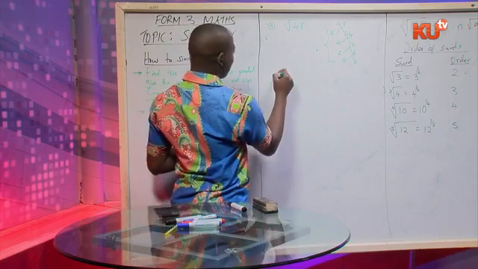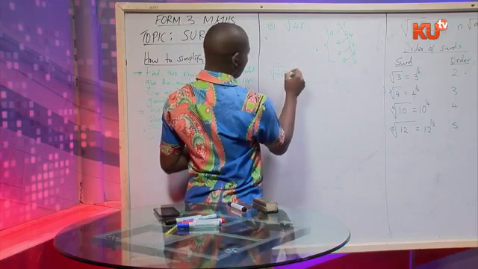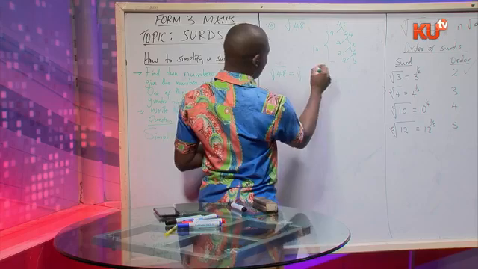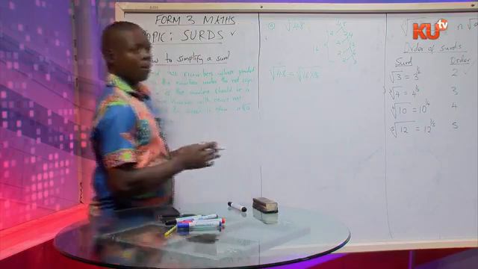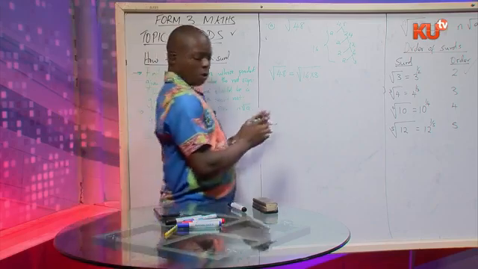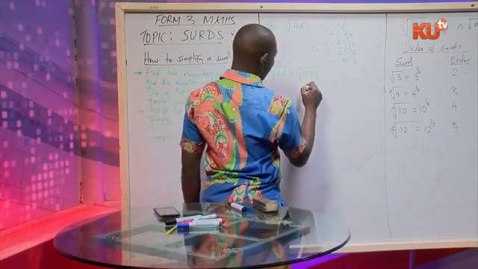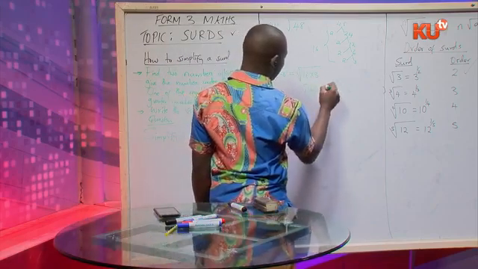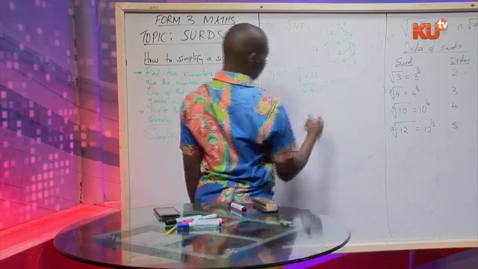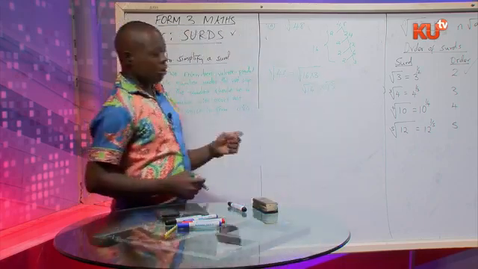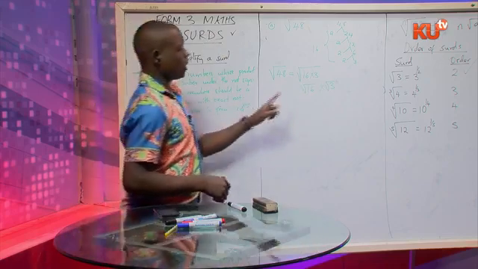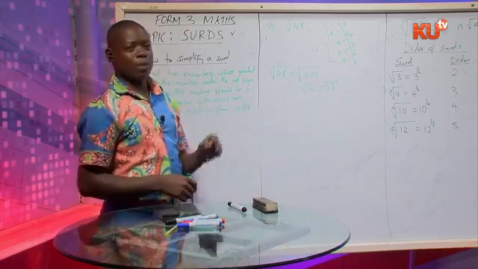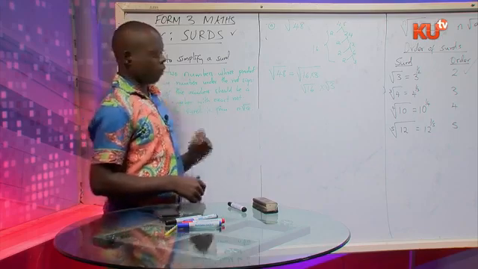So I will rewrite this root 48 to be equal to root 16 times 3. Then we split this to have root 16 times root 3. And we all know that root 16 is a rational number which has its exact value. The square root of 16 is 4.